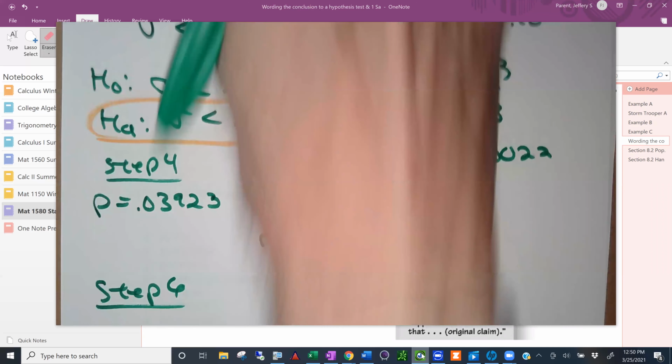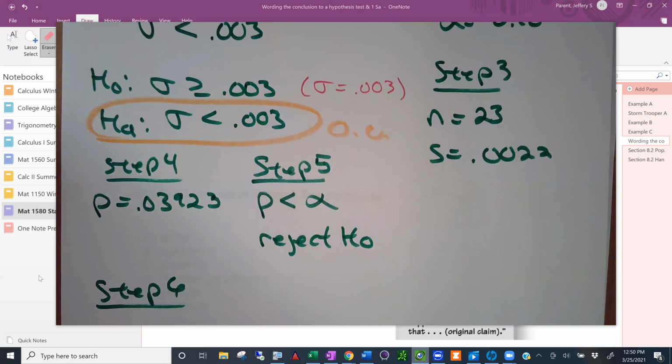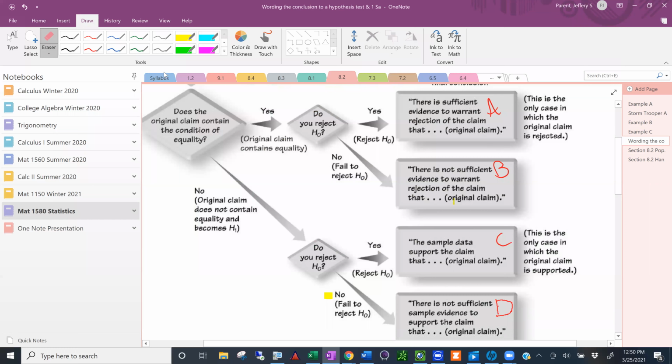This was our original claim. Does the original claim contain the condition of equality? Yes or no? No. It had a less than. Did we reject H naught? Yes, we did. So that brings you to C.